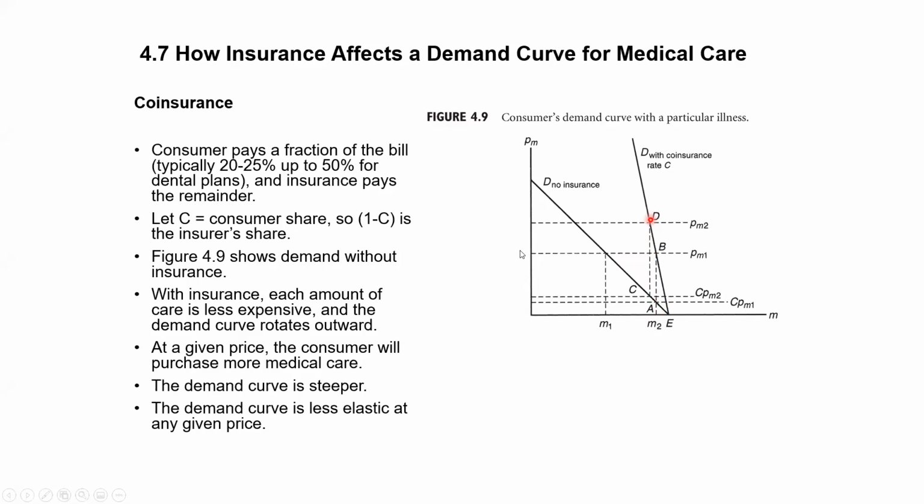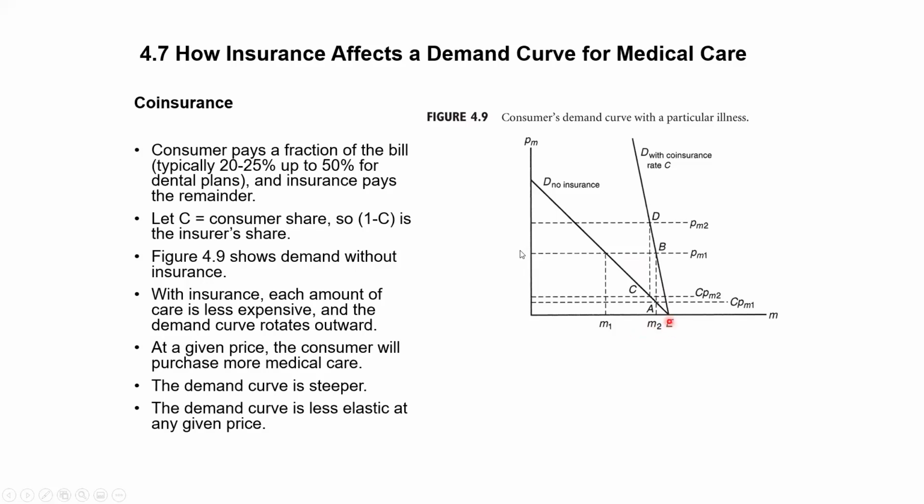So the points B and D begin to trace out the insured demand curve. Another point which is easy to find is where the original curve shows PM equals 0.